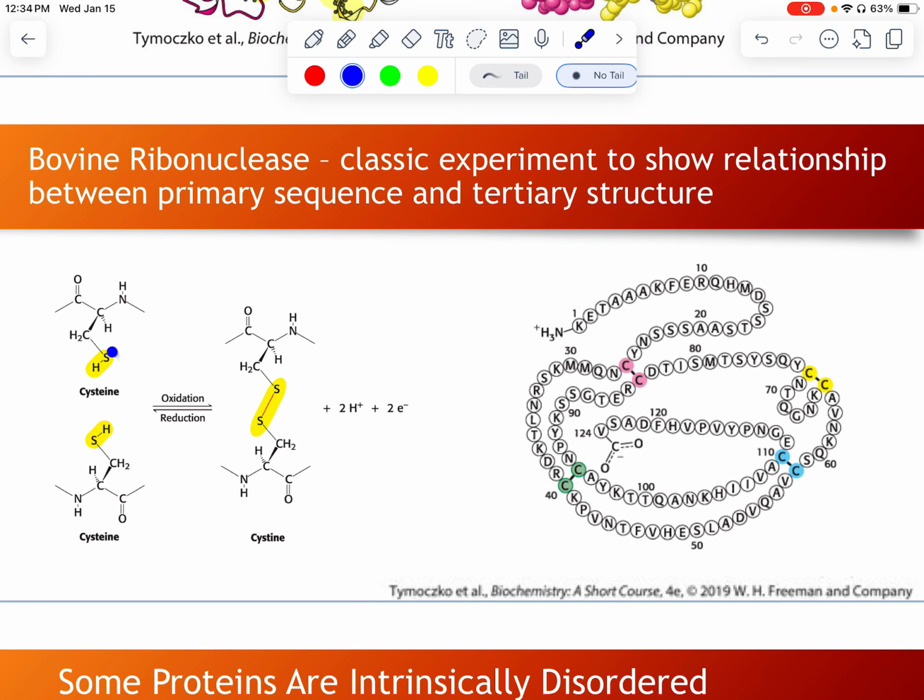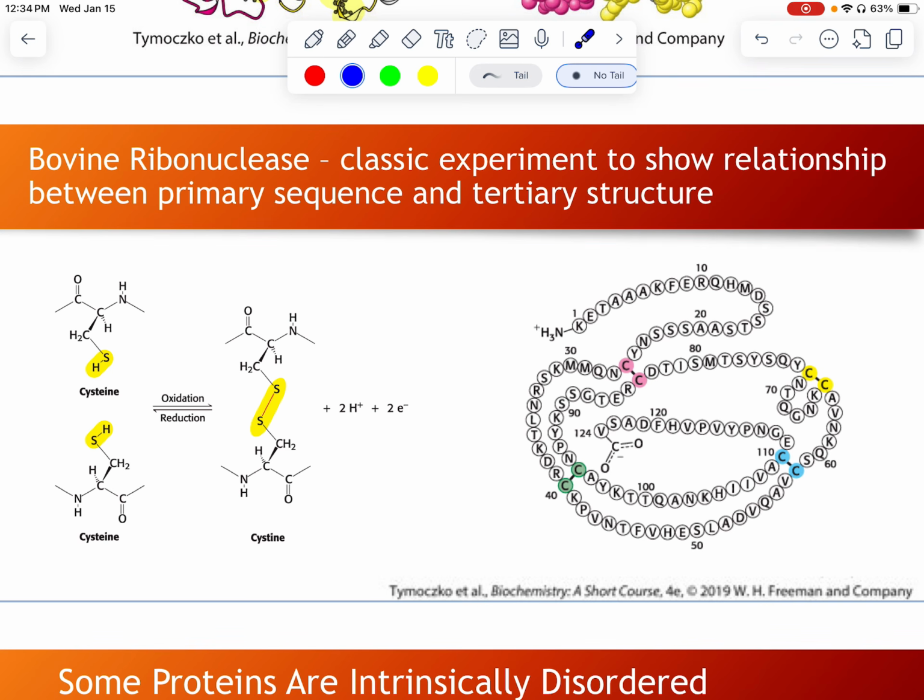You've got the cysteine, you've got the other cysteine, and they're coming together to form that disulfide bond, and that disulfide bond can serve to stabilize the structure. Notice that we're giving off electrons. This is an oxidation process, loss of electrons.